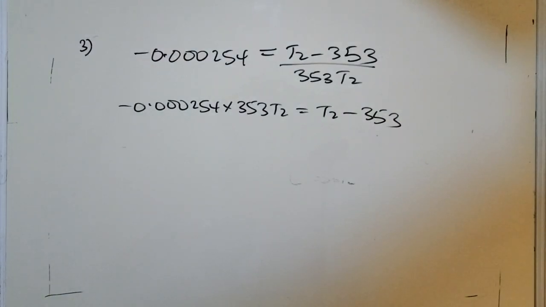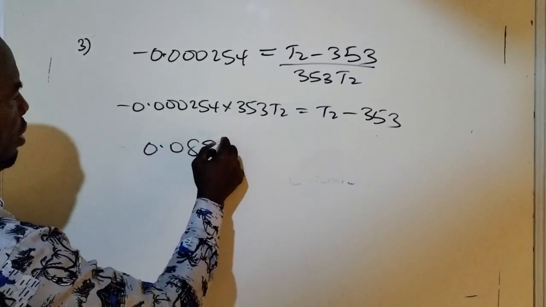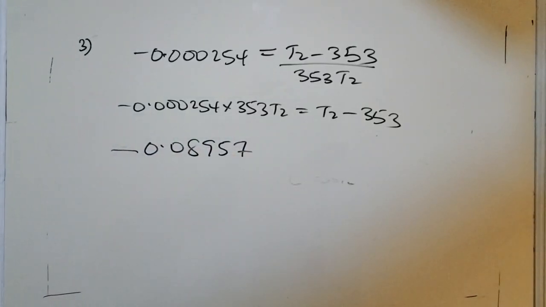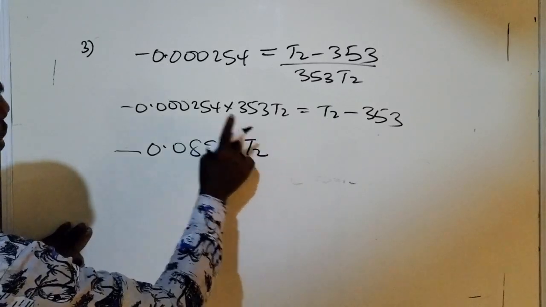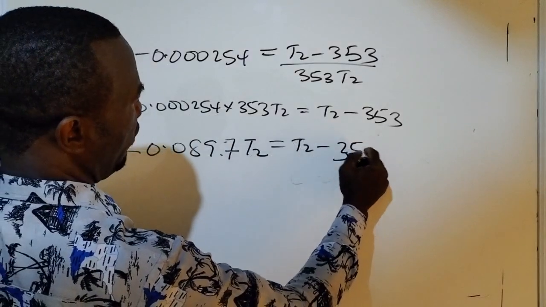You're going to get negative 0.0897897 T2. That's what it's going to give you, equal to T2 minus 353.